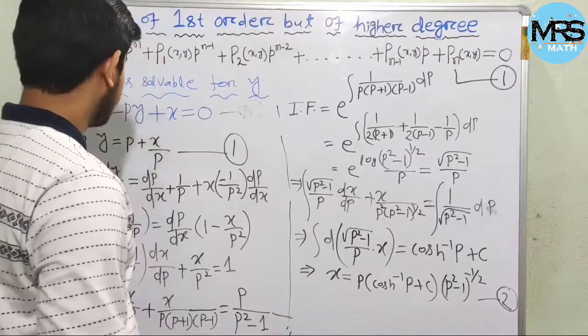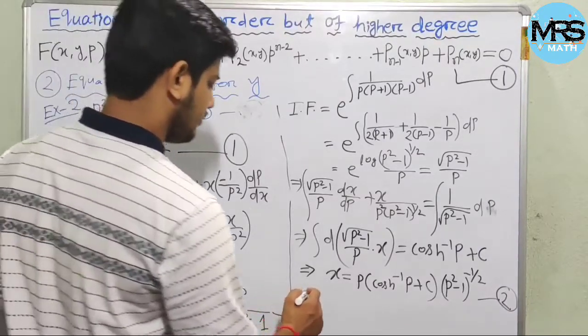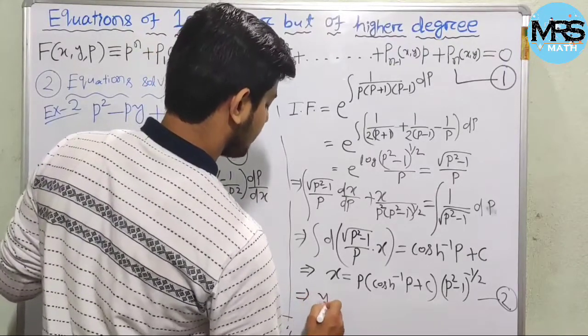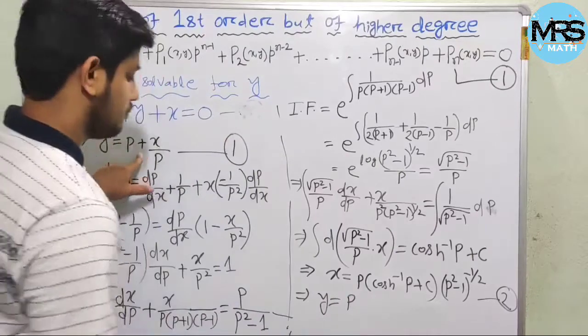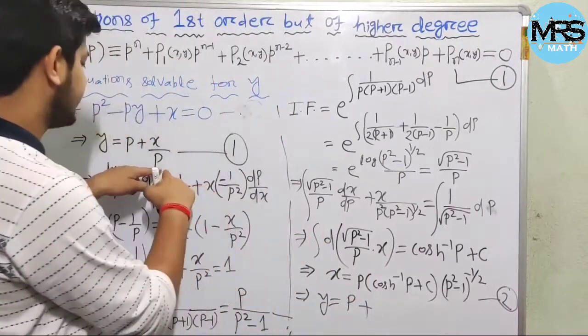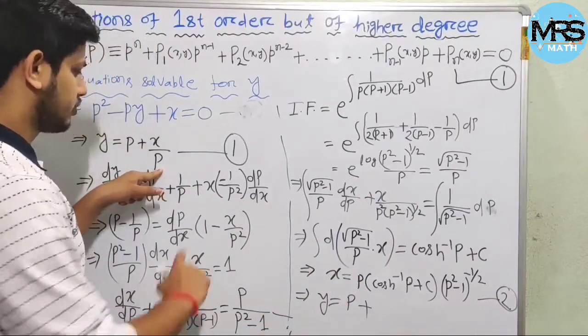So how will you get the solution? Your y will be p plus we know the value of x, that is this one. In the denominator there is 1 p, here 1 p is in the numerator, so it will cancel.